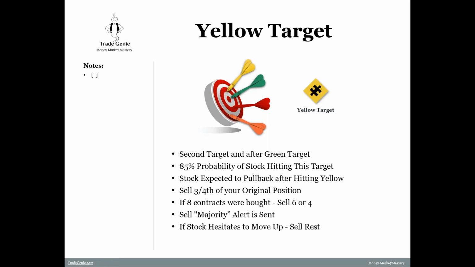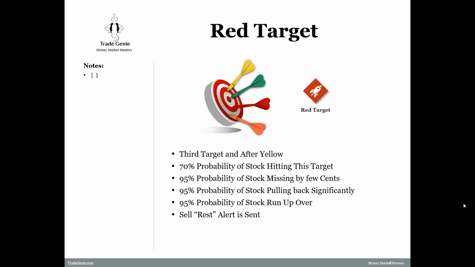There's another position ready, which is fresh from the oven. So I'd rather put my dollar into this new position and close this one. So if the stock hesitates to move up, sell the rest.